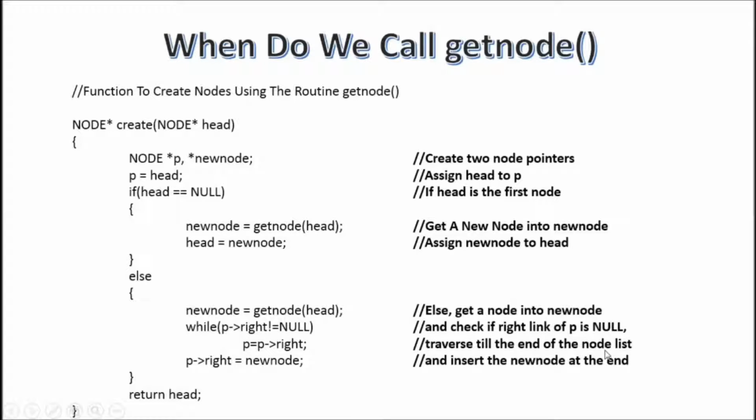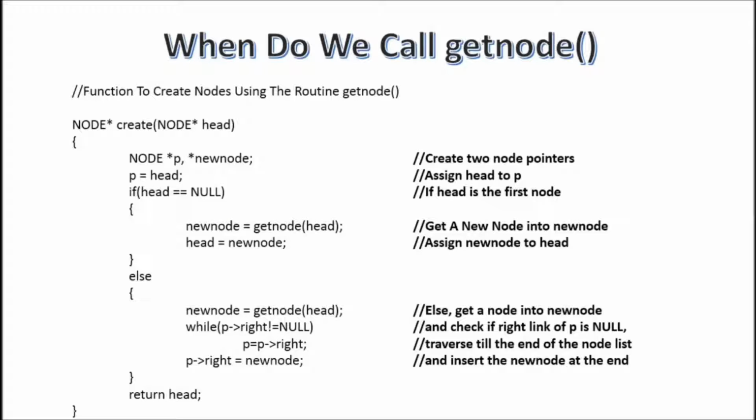Traverse till the end of the node list. So that's what this line is going to do. What are we checking here? P is a node pointer, and we check if the right link field of P is null. And if it's not null, we say P equals P's right. I'll get back to you later regarding P equals P's right. So that just helps us to move one node forward.